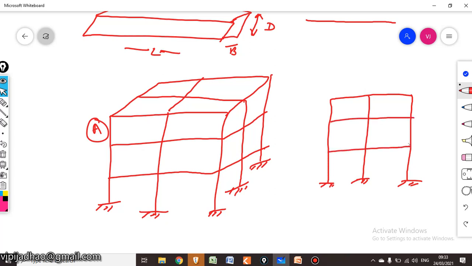So this is another idealization that we will be doing while analyzing any structure.